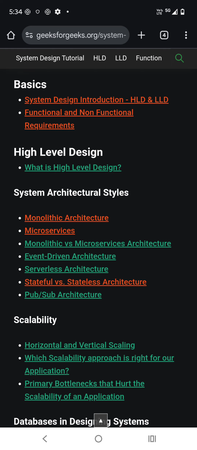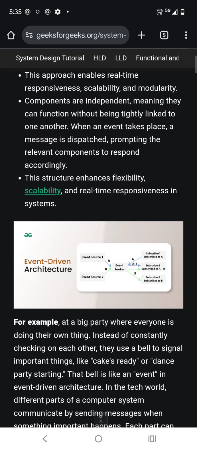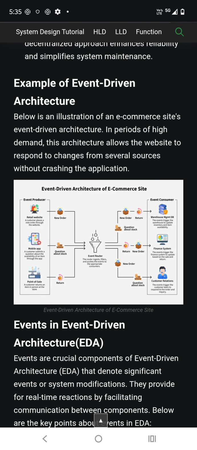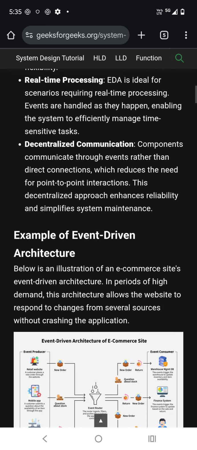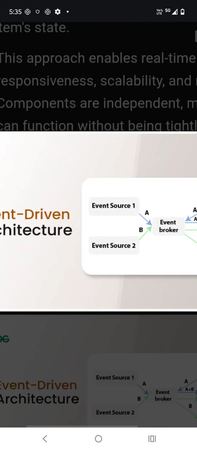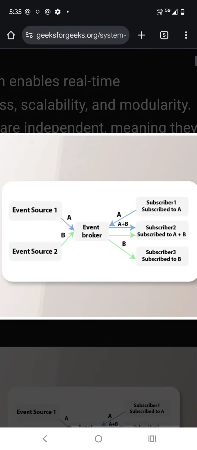microservices architecture. The other thing is event driven architecture. I want to tell what event driven architecture is first. So here you can see, in a particular event source, whenever some event happens, we publish that event.